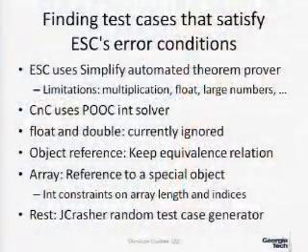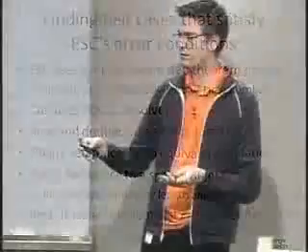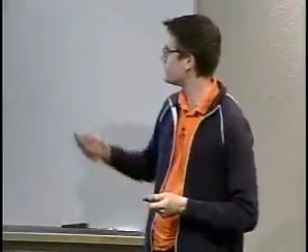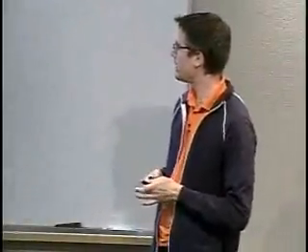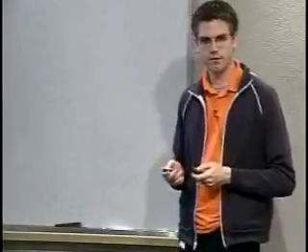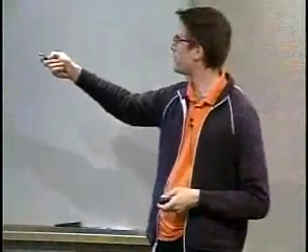For the constraint solving, we probably could have extended Simplify to derive test cases, but we chose not to do it. Instead, we use our own solvers. For example, for integer constraints, we use the POOC solver here. For floats and doubles, we currently ignore those constraints because Simplify really doesn't do much about them either.